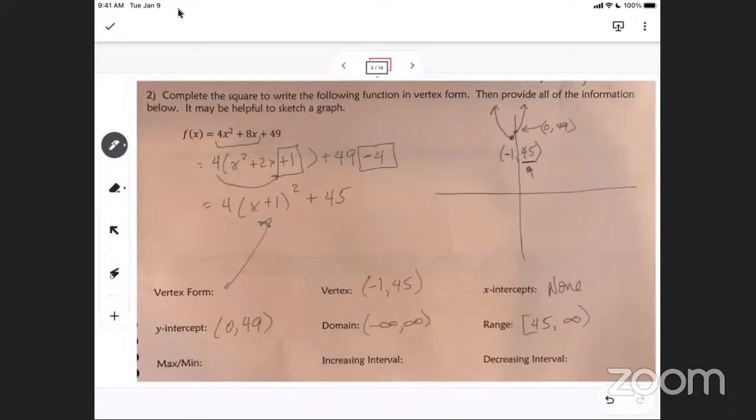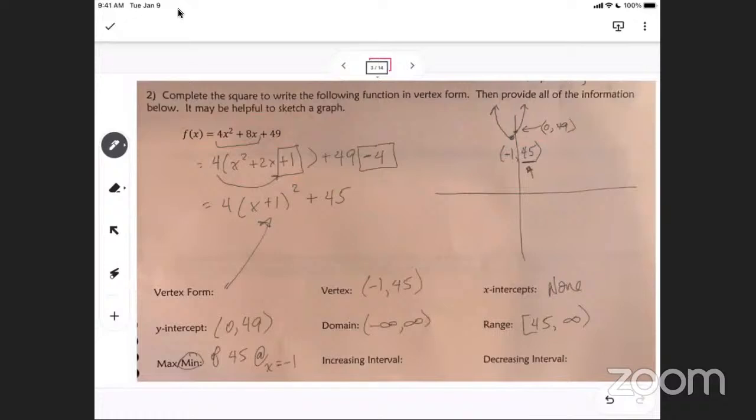All right, do you have a min or a max? Would it be you'd have a min, correct? A min of what? Of 45. Good. 45 at X equals what? -1.